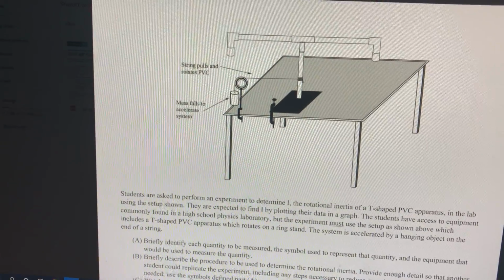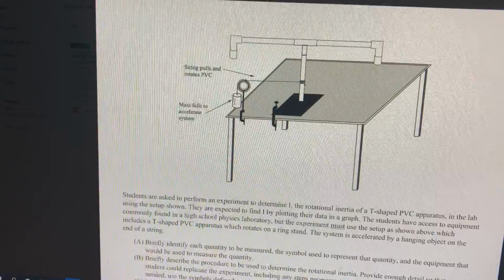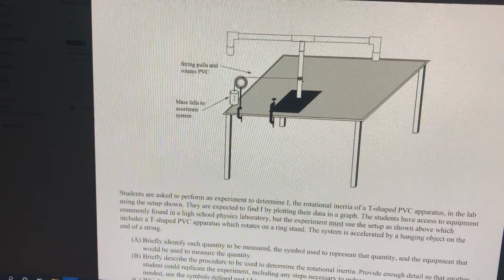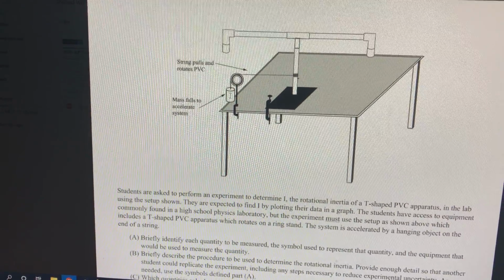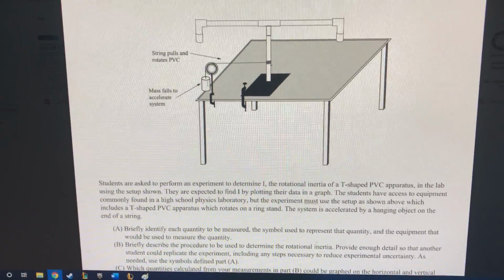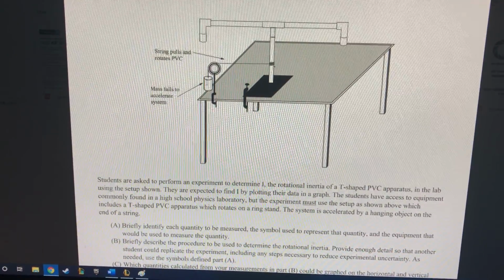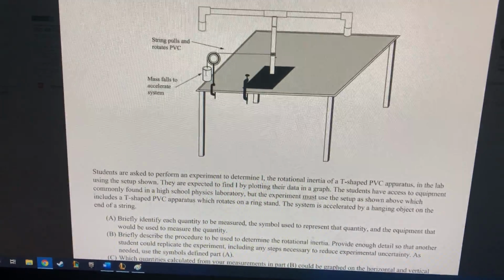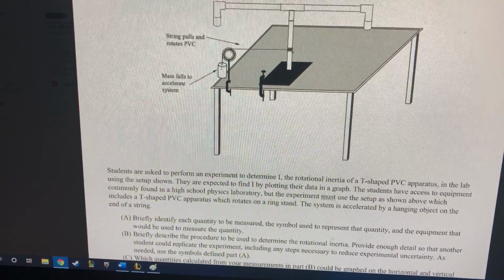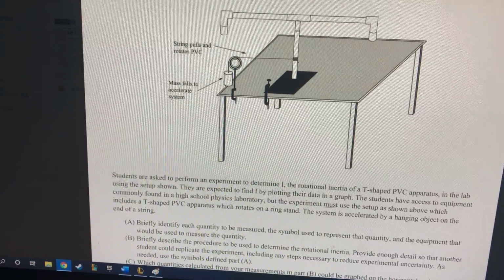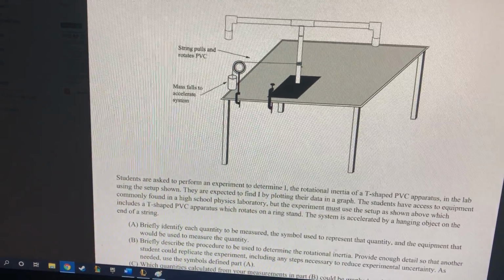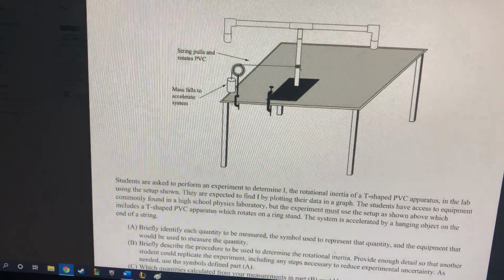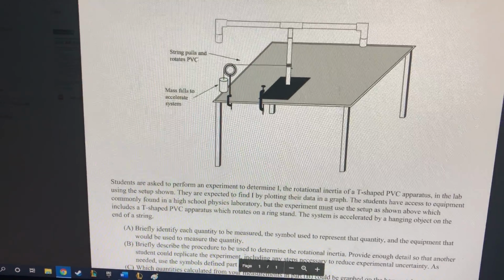So if we put a lighter mass or a heavier mass on it, that should change it. We could do this qualitatively too. If we put a really heavy mass on and let it go, it's going to start whipping that thing around. If we put a really light mass on and it barely gets going, it's going to take a long time to fall.